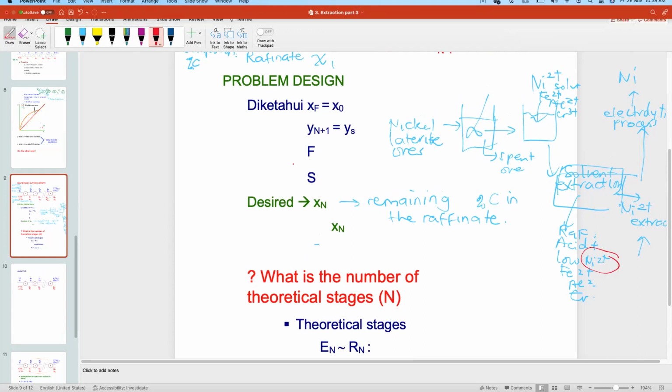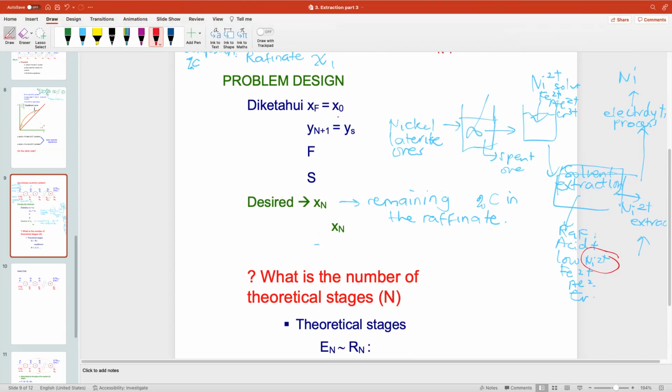So the problem design is to find the feed, and we know the composition of feed, of course. YS is the composition of solvent.